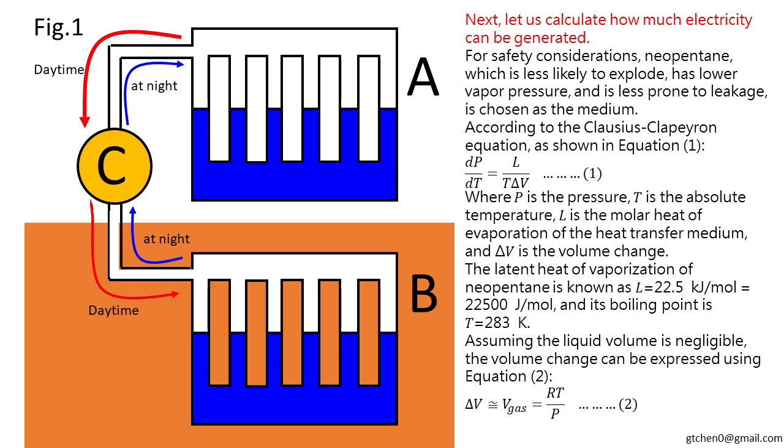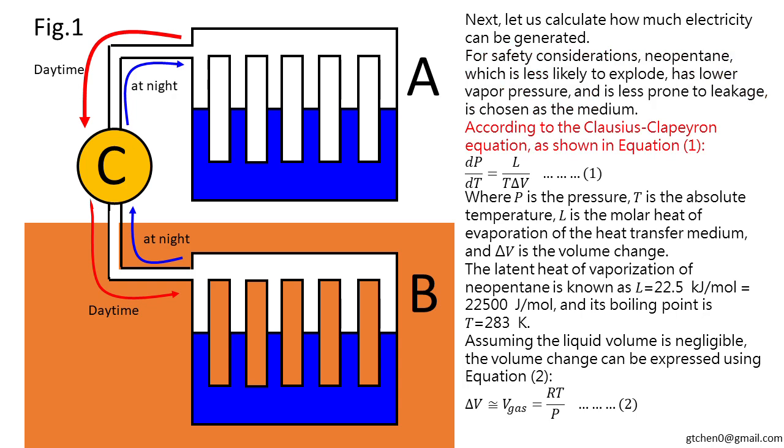Next, let us calculate how much electricity can be generated. For safety considerations, neopentane, which is less likely to explode, has lower vapor pressure, and is less prone to leakage, is chosen as the medium.